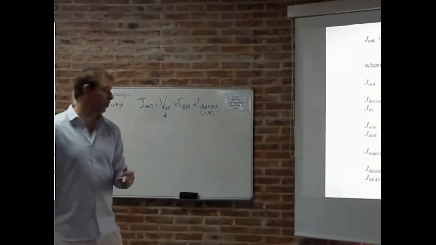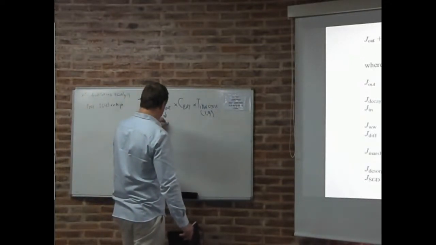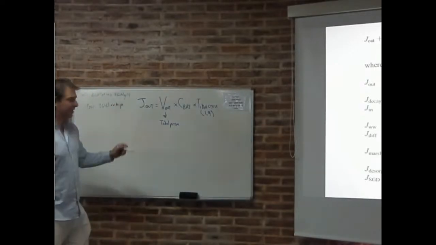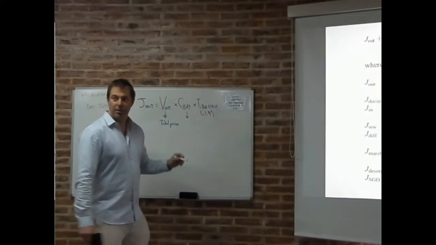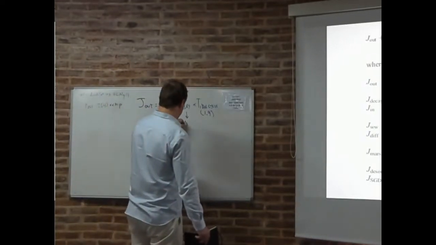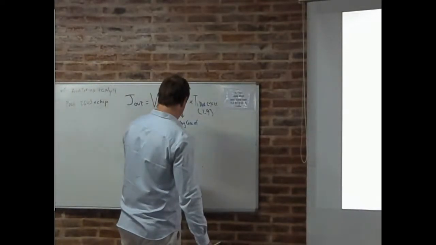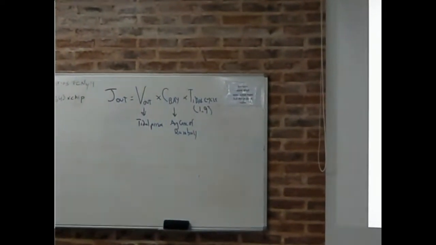Neap is the half moons. So V out is the tidal prism. And C bay is the average concentration of radium in the bay. So that's your J out.